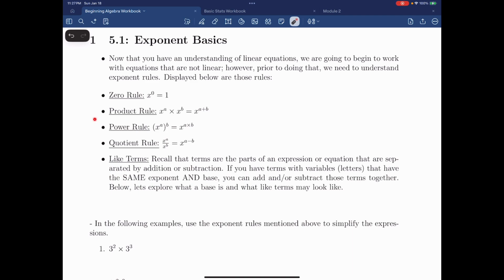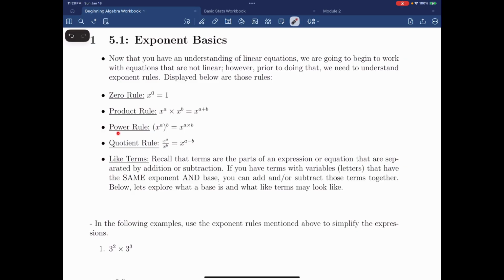For the second rule here, we have the product rule, which states that if you have x to the a times x to the b, this ends up equaling x, which is the base, and you just end up adding the exponents a and b together.